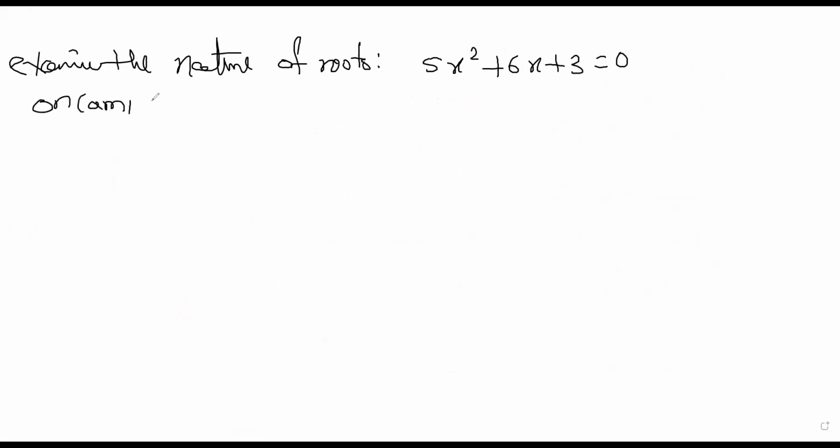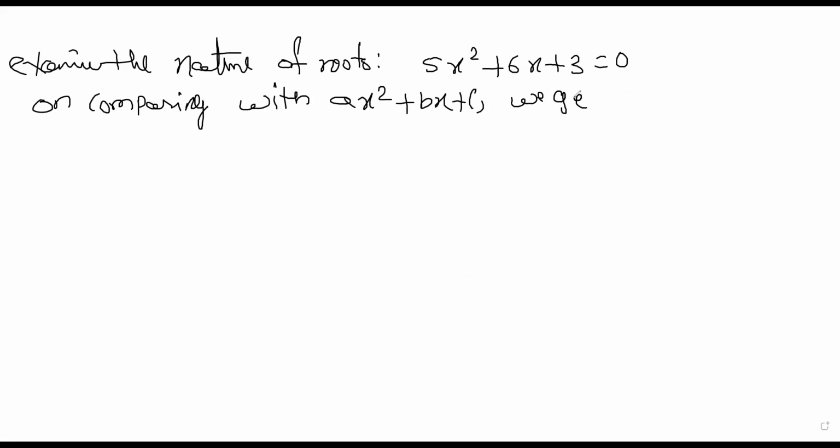On comparing with ax square plus bx plus c, we get, what do we get? A is equal to 5, b is equal to 6, and c is equal to 3.